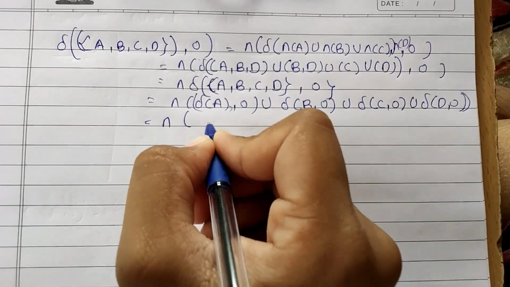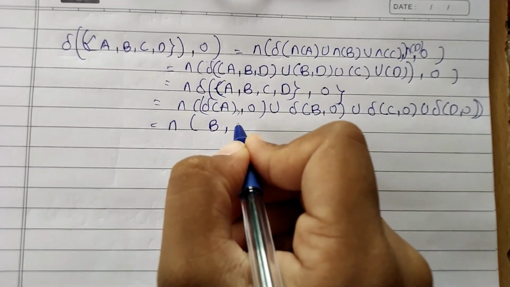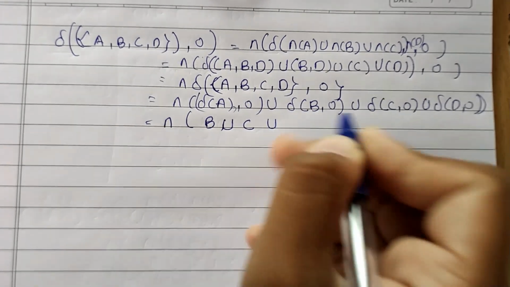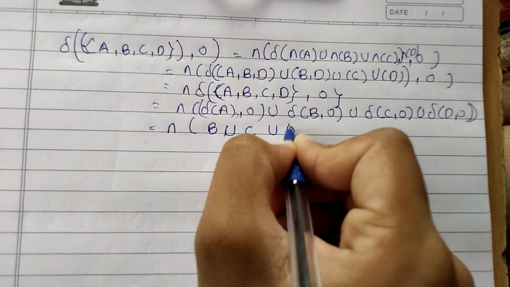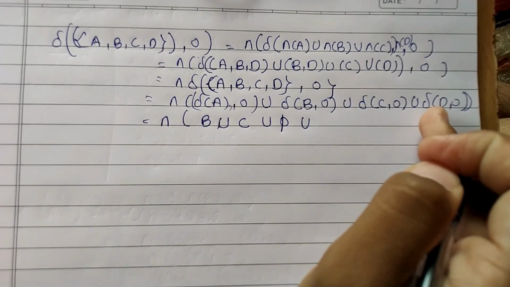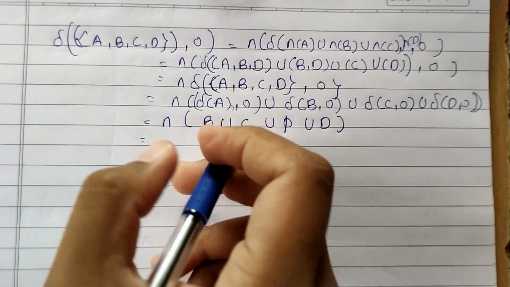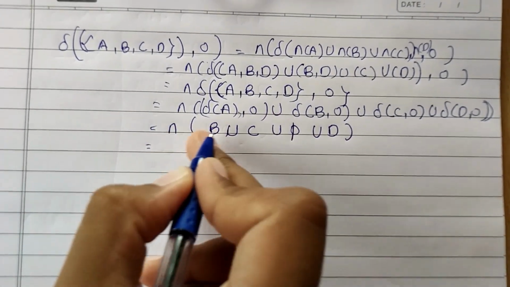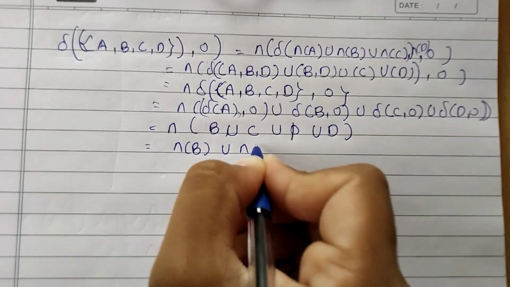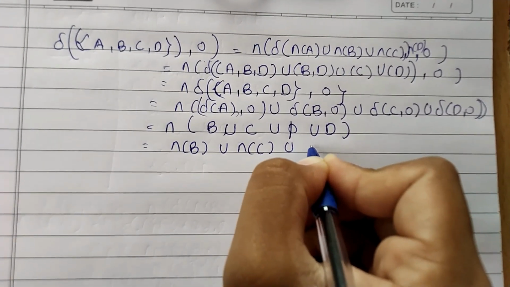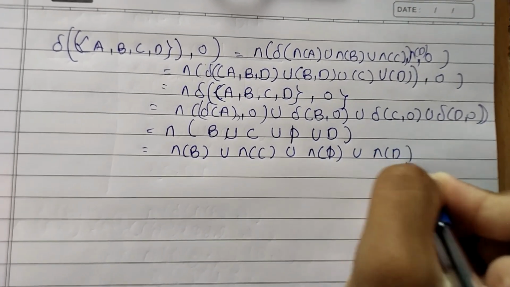So A reads 0 in A, B reads 0 in C, union C comma 0 is null phi, union D comma 0 is D itself. Now we give this null value to each state: null of B union null of C union null of phi union null of D.